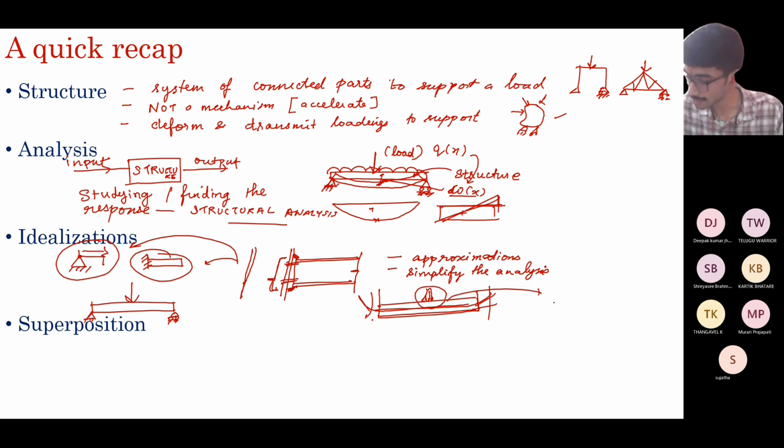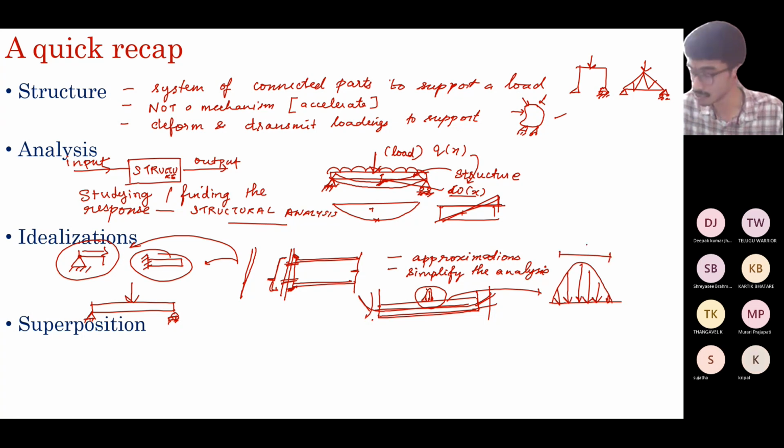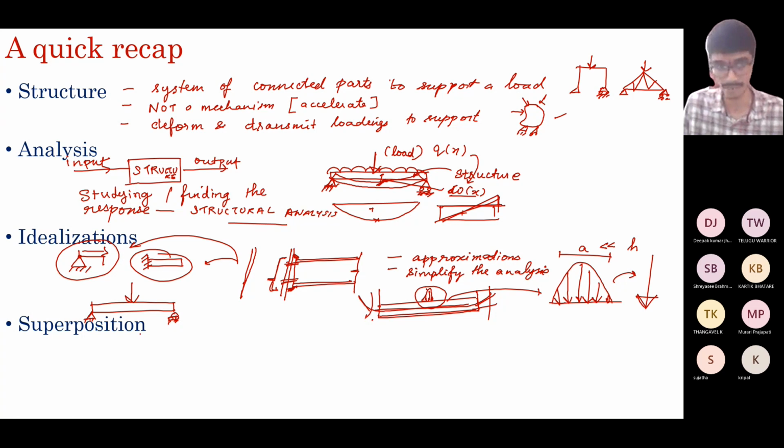If you take an area here, we'll have a distribution of forces. But when this area of distribution is very small compared to the size of the structure, you idealize it as a point load. So this is something basic.